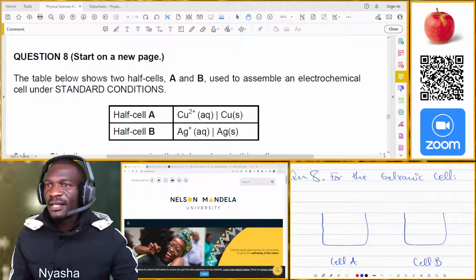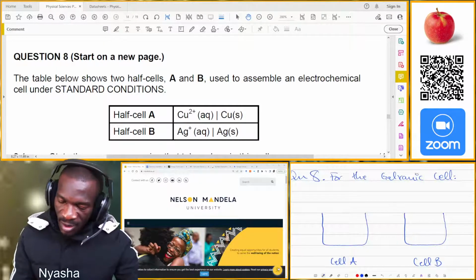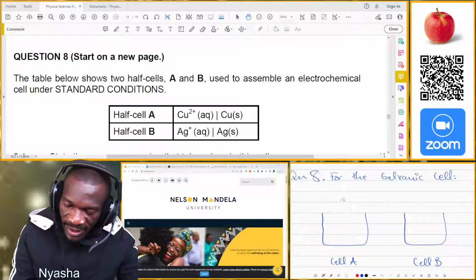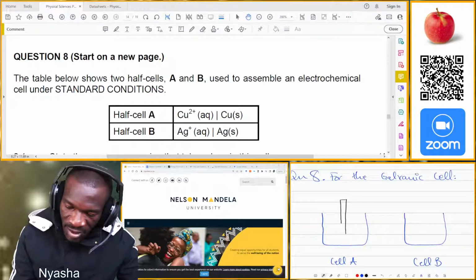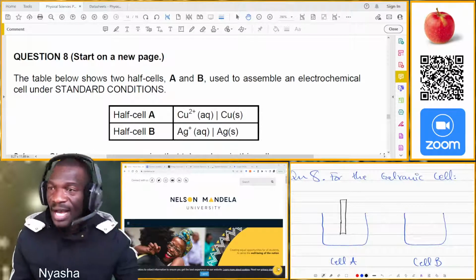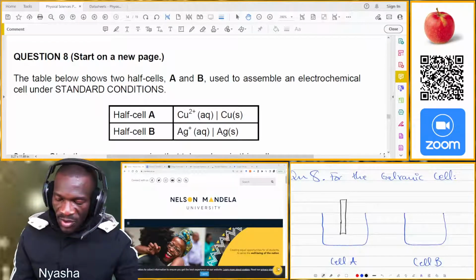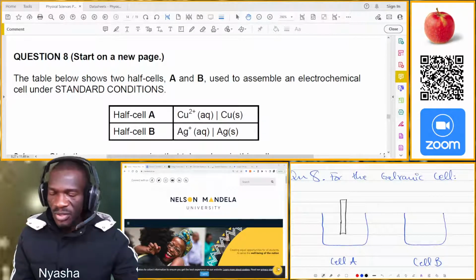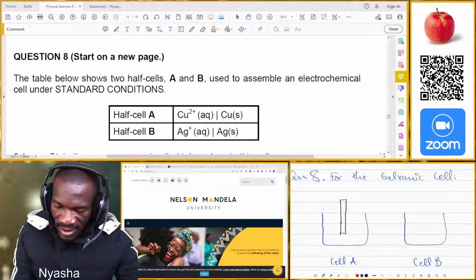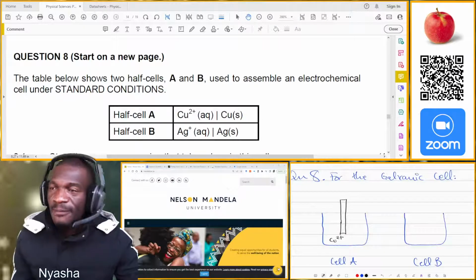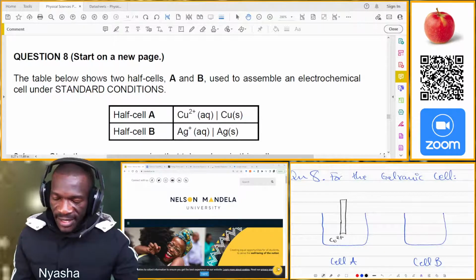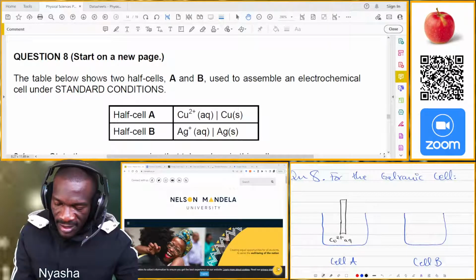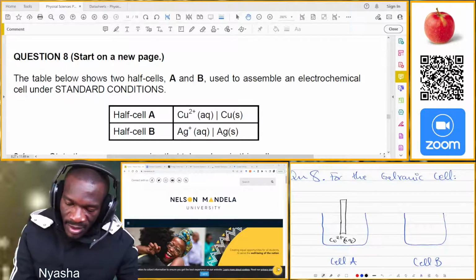The next thing is to immerse our copper. So in cell A, we have our copper material immersed in this solution of its ions. We've not been given the solution of its ions, so let me just say Cu2+, in half cell A, and this is aqueous. And this is our electrolyte.